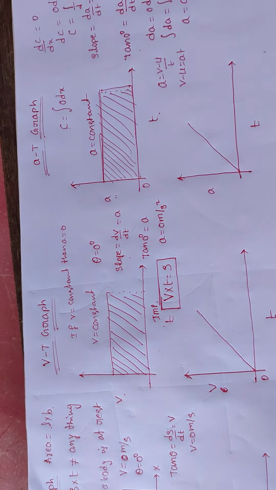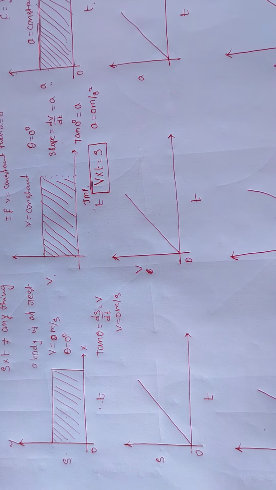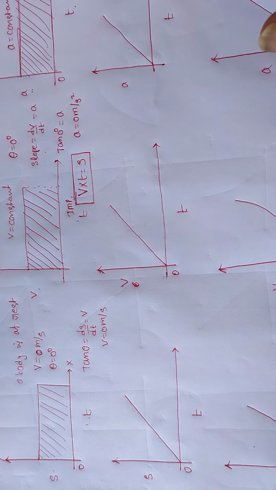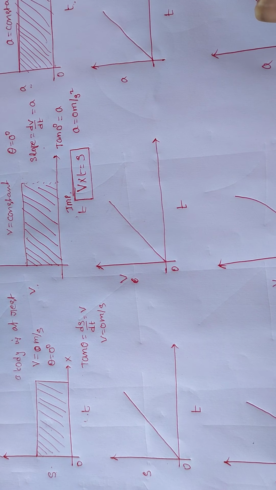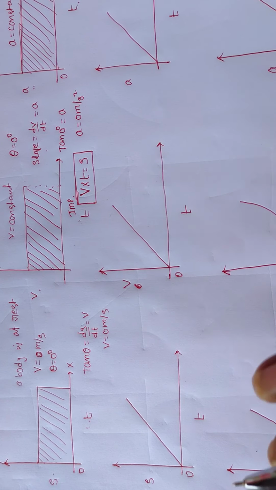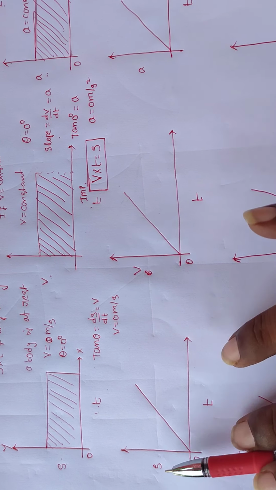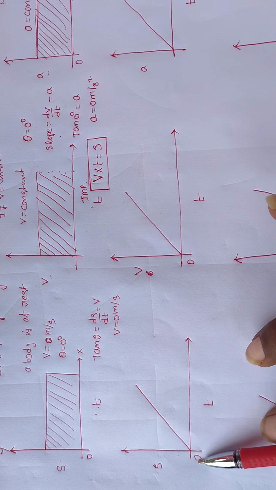Next, we have to discuss the second case. Almost these three graphical representations are the same, but what is the difference? The displacement time graph slope is a straight line from the origin. Here the velocity time graph slope is a straight line from the origin. The acceleration time graph slope is a straight line from the origin.